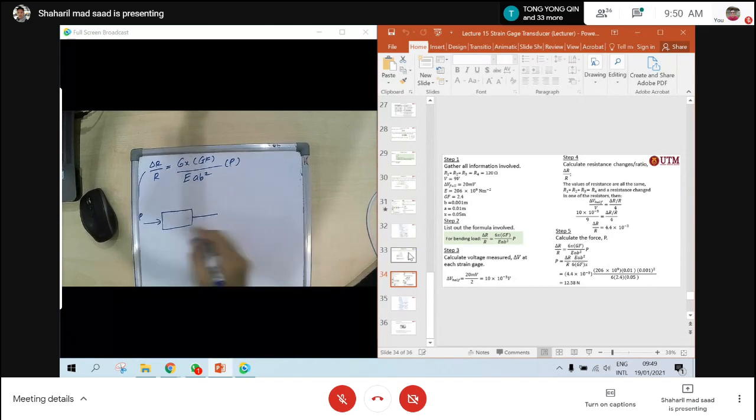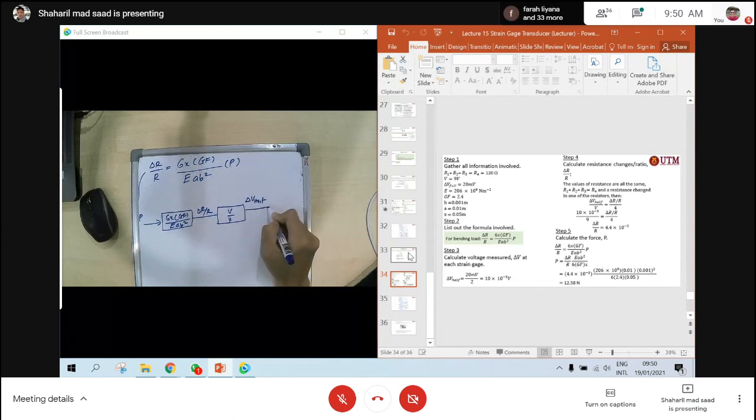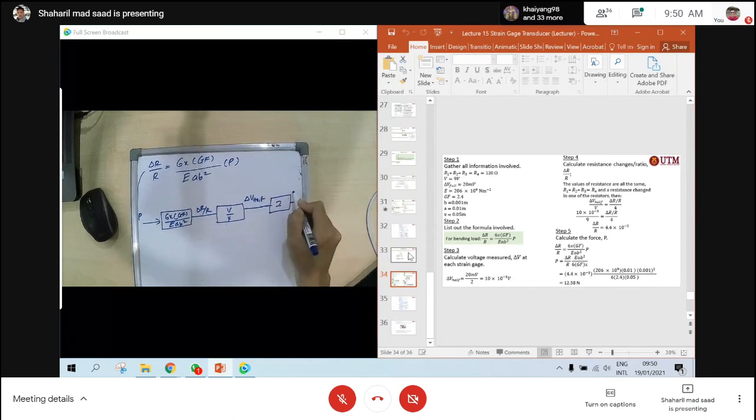From P, with this formula GF over E A B squared, you can get delta R over R, and then from this one you can get V over 4, which gives delta V half, and then this one you apply with 2, you can get delta V full.